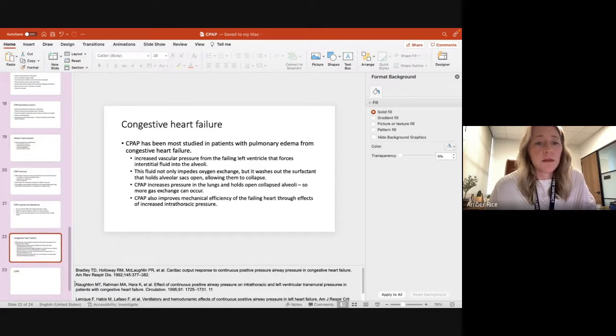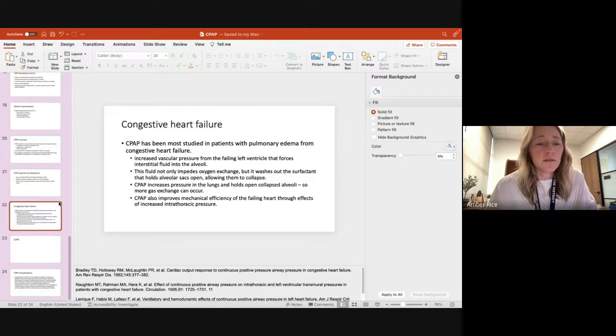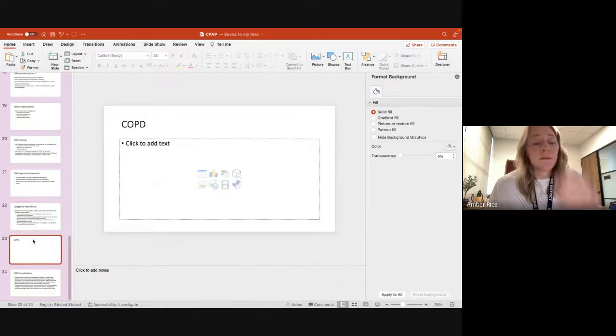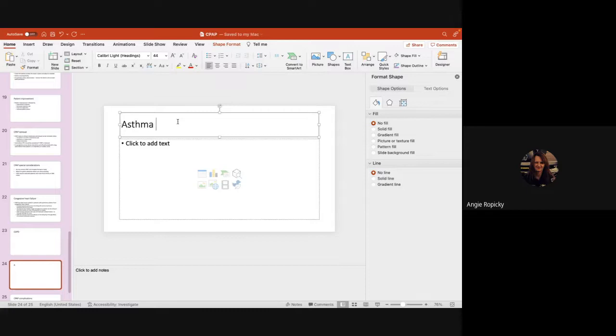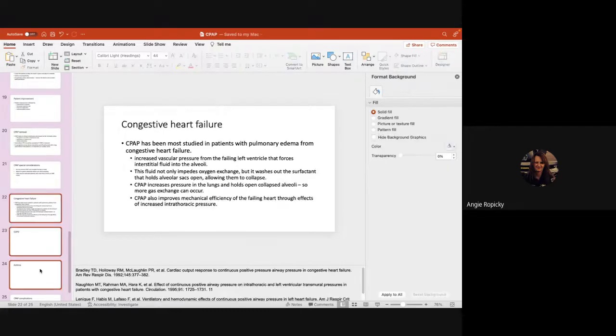And then my intention was to list the different conditions for which CPAP could be used. I forgot to put my COPD slide in there. Do we want to put those in the beginning part, like before the procedure?